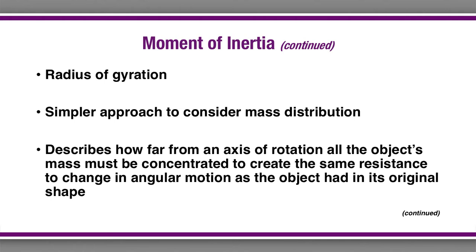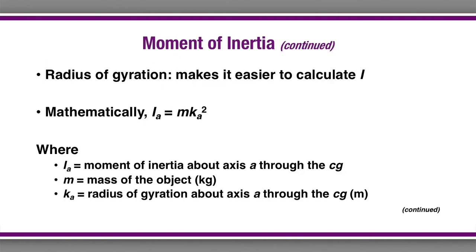Another approach to defining and calculating moment of inertia in angular motion is using what's called the radius of gyration. This is a simpler approach to considering mass distribution, but all in all, it describes how far from an axis of rotation all of an object's mass must be concentrated to create the same resistance to change in angular motion as the object had in its original shape.